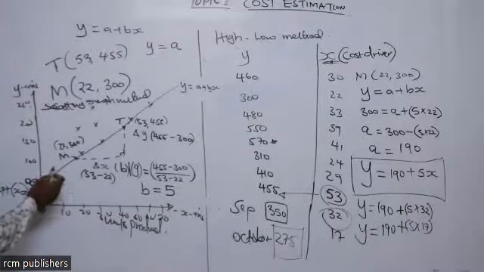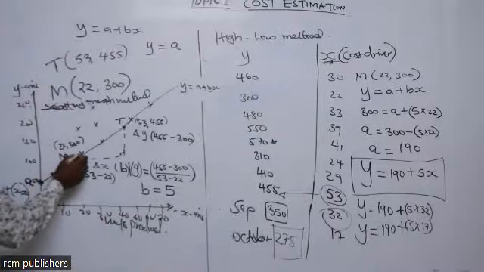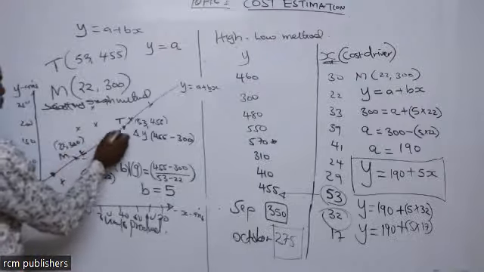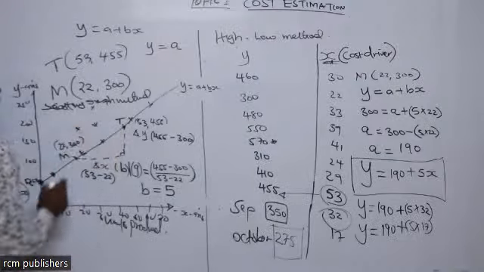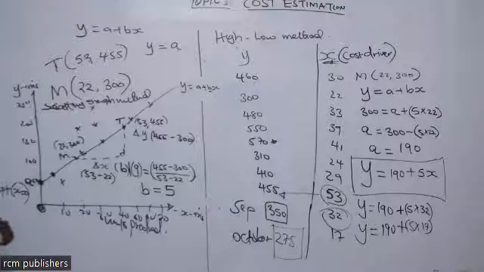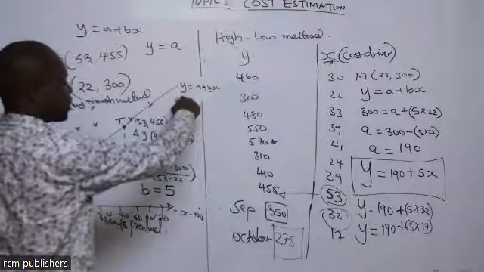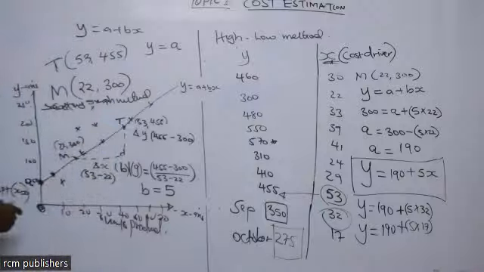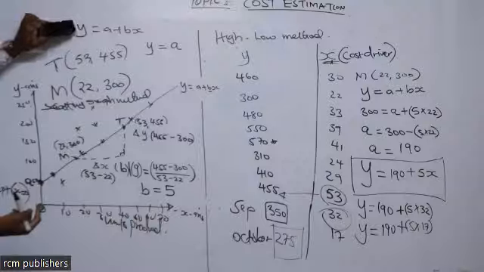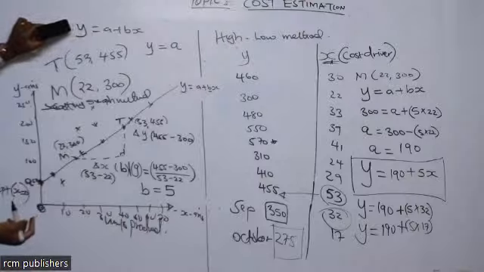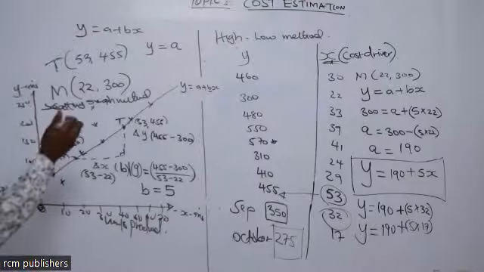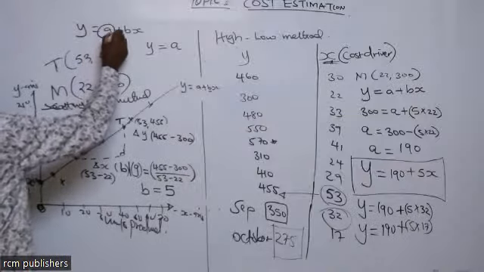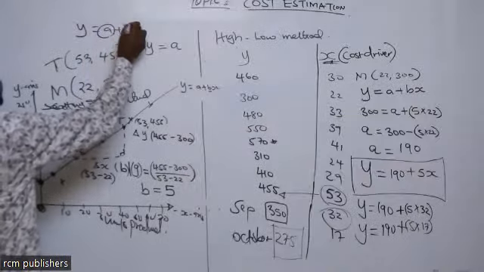The plotting, which these asterisks were representing. And then once you've done the plotting, you choose the line of best fit, which I have done. After doing that, we now identify the gradient, because for this particular function to be complete, we only need two things. We only need the value of A and the value of B.